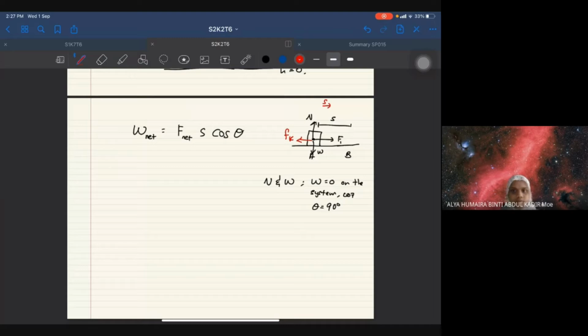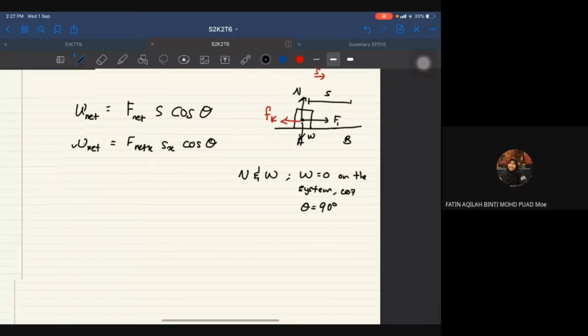Okay, ada dua force yang contribute to the work done. So kalau saya nak cari work net, I have to use F net. And in this case, since S is in X component, so I can write this one F net untuk X component, and this will be X component as well lah. Okay. So far boleh ikut ke tak?